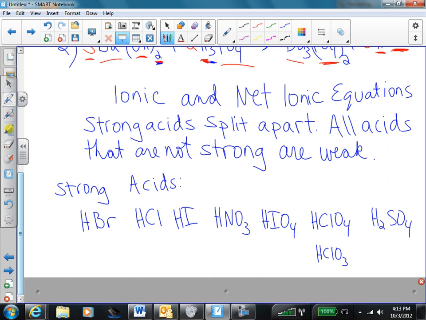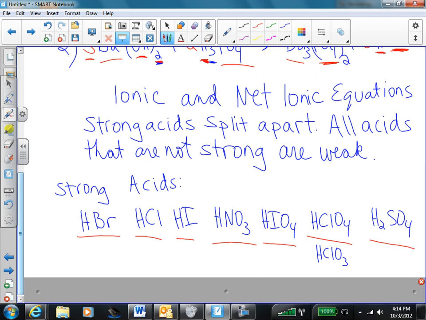We have a little saying. If you can memorize this saying, you'll be good. If you can't, you just have to memorize these strong acids. And it goes like this. Hibber, hickel, high, hono, hickel, low, H2SO4. I don't know if you caught that. We just say Hibber, hickel, high.